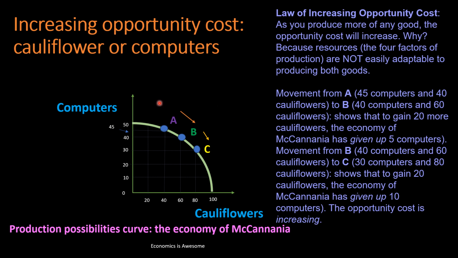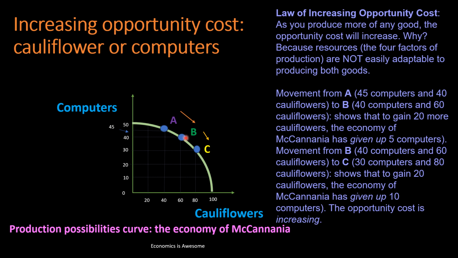So here, if you go from A to B, so at A, you're producing 45 computers and 40 cauliflowers. And if you move to B, you're producing 40 computers and 60 cauliflowers. So to gain 20 more cauliflowers, the economy of McCannania has given up 5 computers.